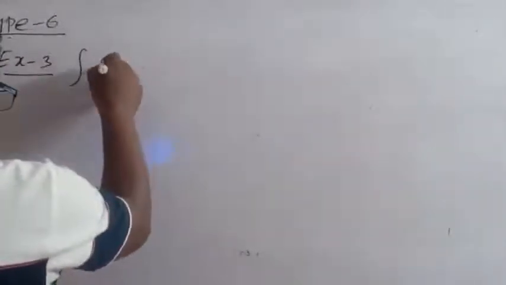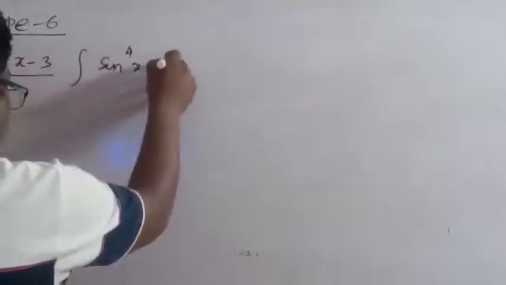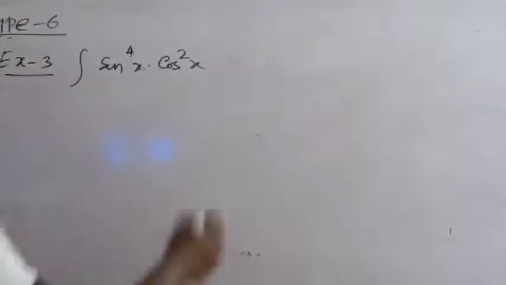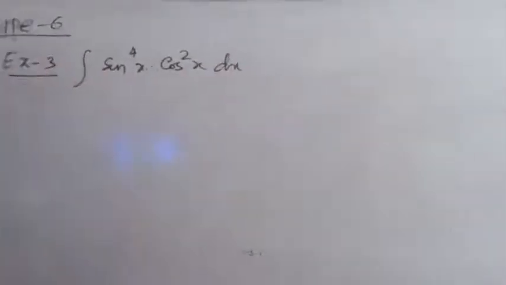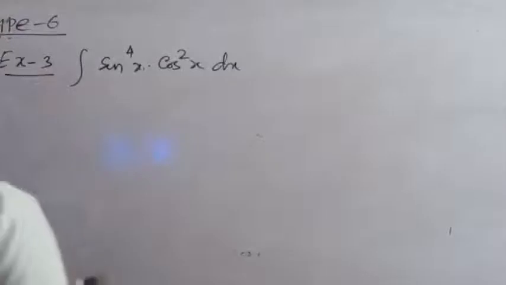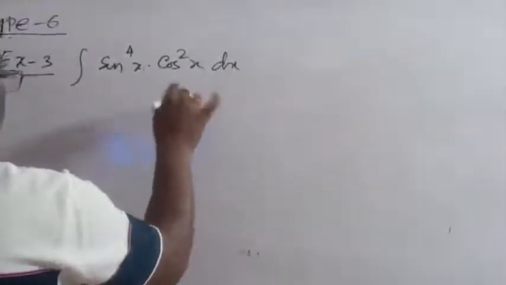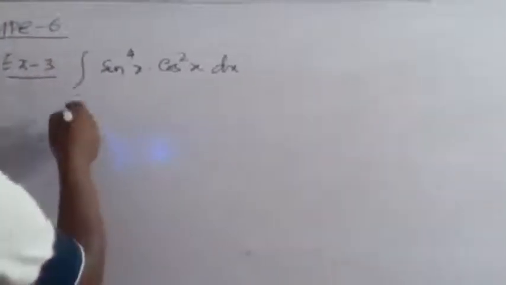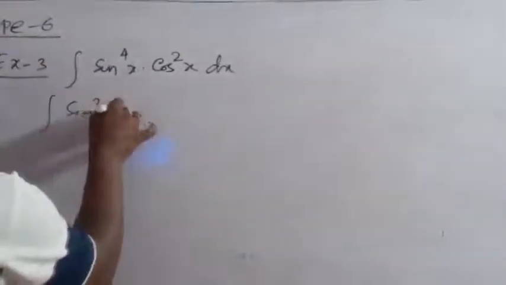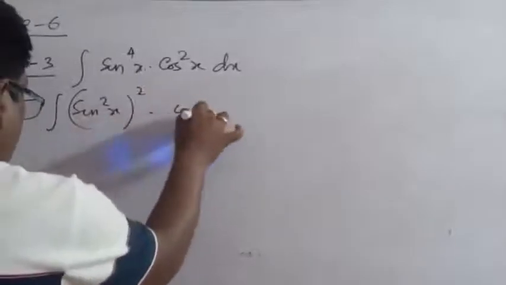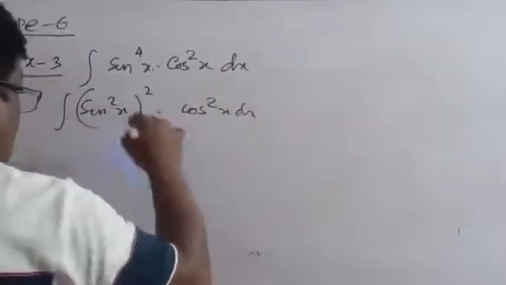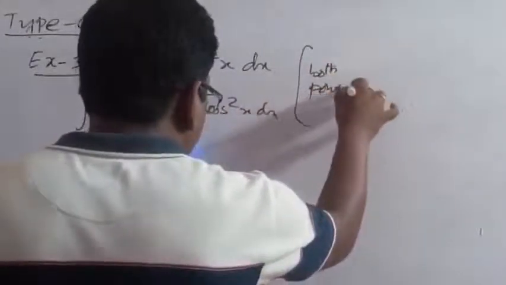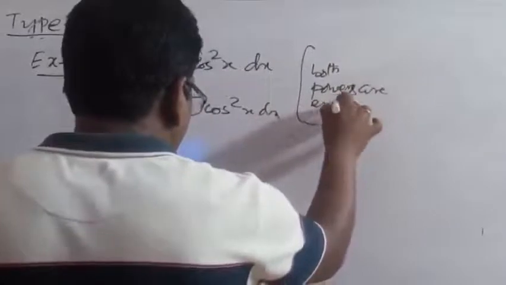So integration of, suppose, sin to the 4th x into cos square x dx, both powers are even. So we have to convert into multiple angle formula. Since both powers are even, this is equal to (sin square x) whole square into cos square x dx.